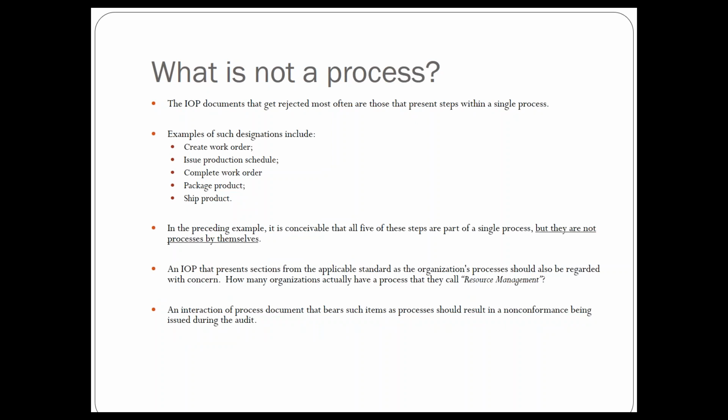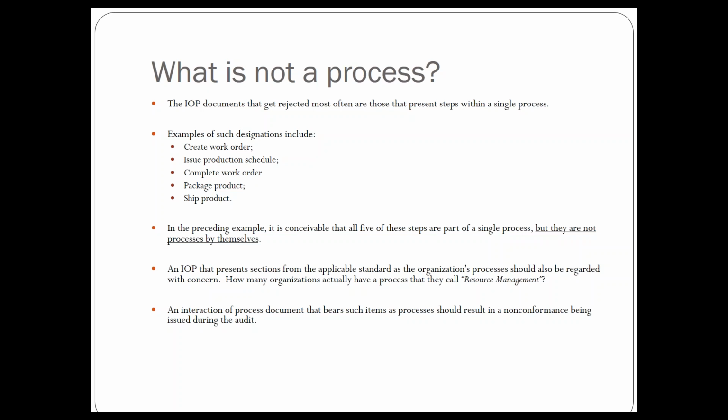Now, in terms of what is not a process, IOP documents that get rejected fall into a couple of different types. One of the more common items that is going to be rejected is an IOP document that presents single steps as full processes.